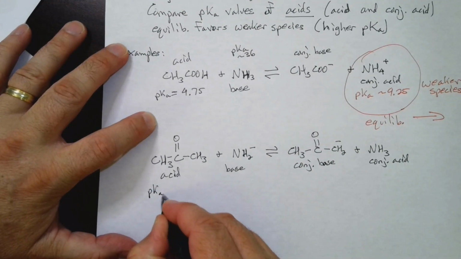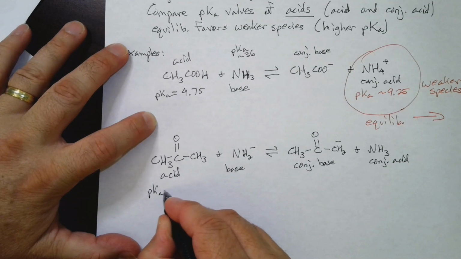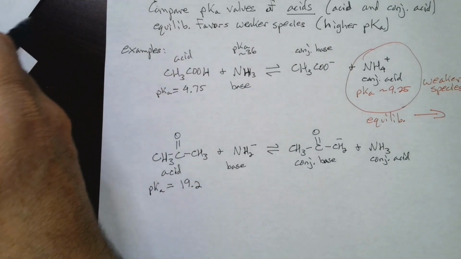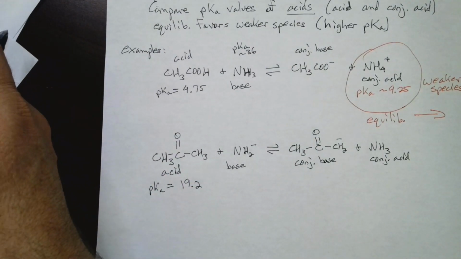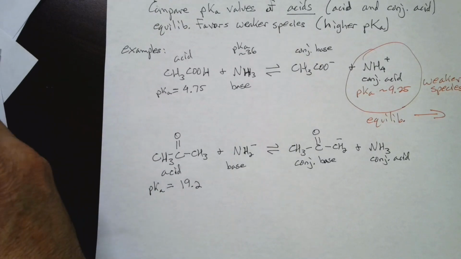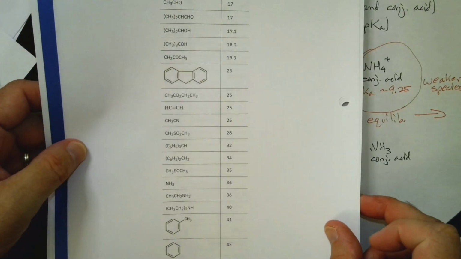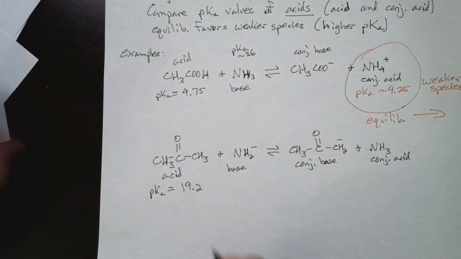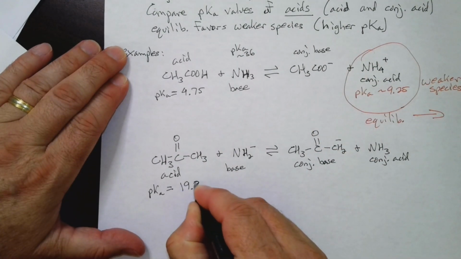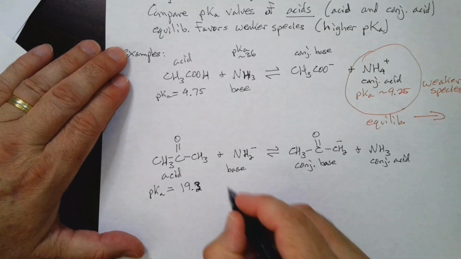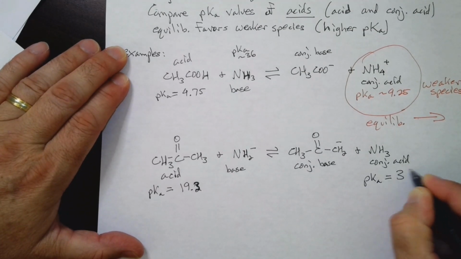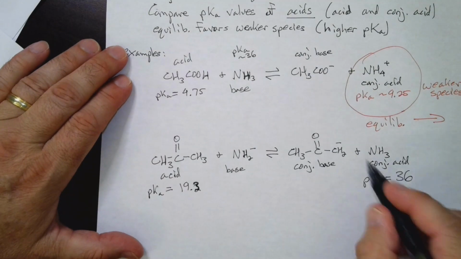So my pKa here is, what did I say, 19.2? I think that's right. Let me look in my table here. 19.3. All right. Close enough. We'll change that. 19.3. And my pKa of ammonia is around 36.